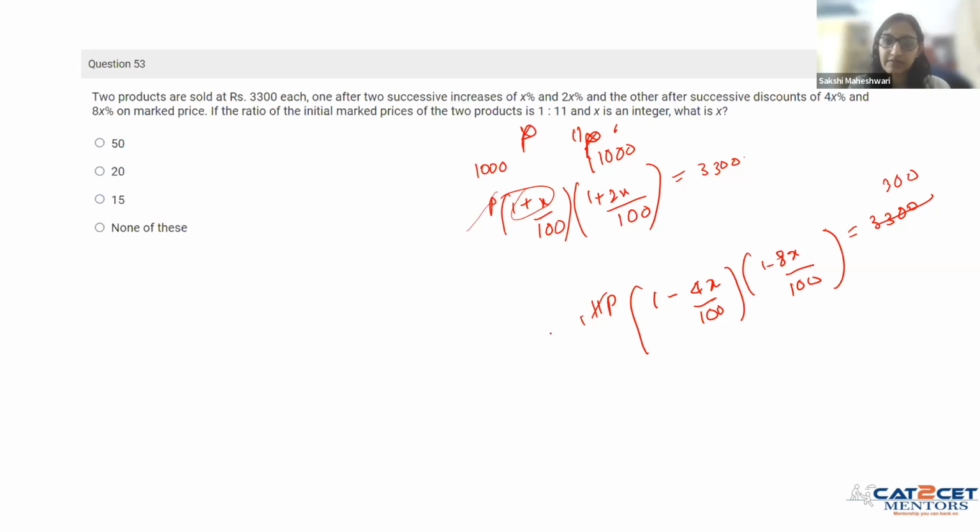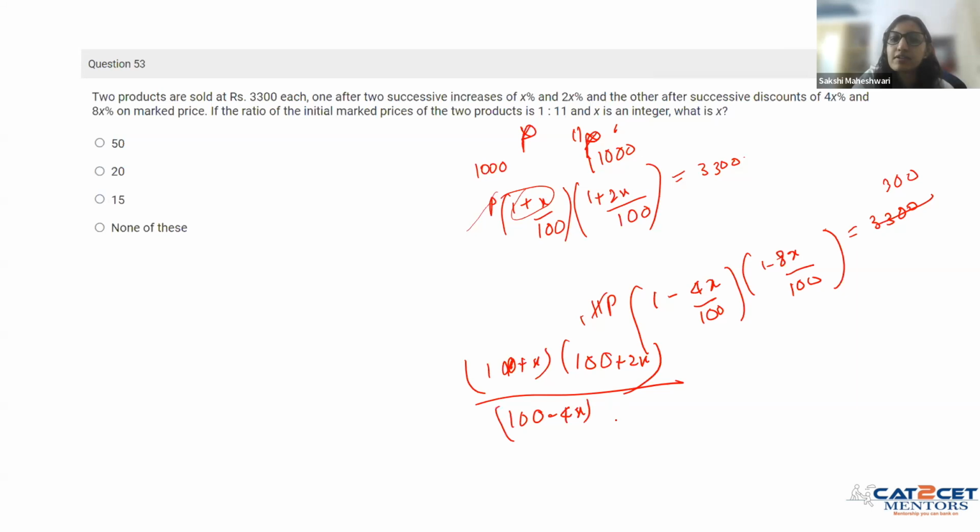So if we divide this, we have 100 plus x into 100 plus 2x upon 100 minus 4x into 100 minus 8x. This will be 11, right? So this will become a simple quadratic and you should be able to solve it.